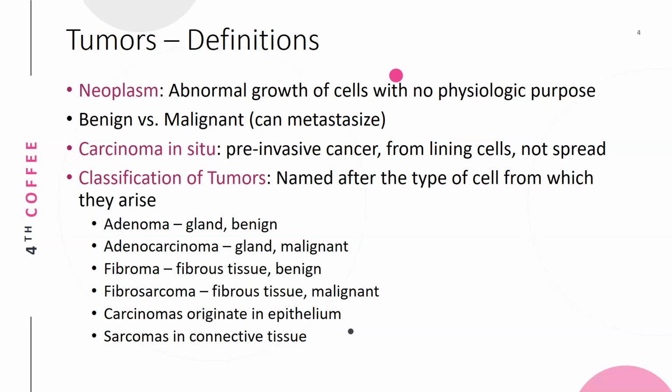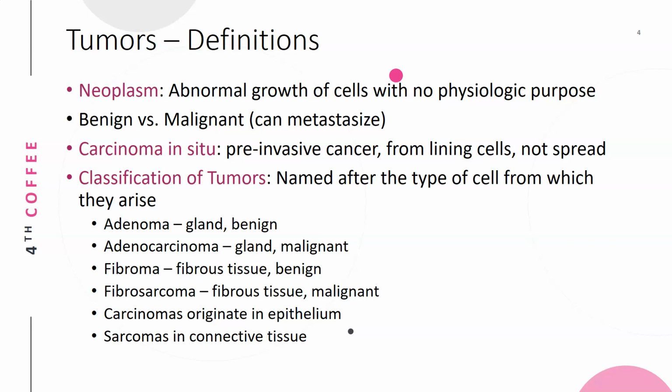A malignant one is a cancerous tumor. Those grow, they get bigger and bigger, they can grow out of control, and they can spread, which means metastasize. Carcinoma in situ is a pre-invasive cancer. It's from the lining cells, but it has not spread yet. So that's what carcinoma in situ means.